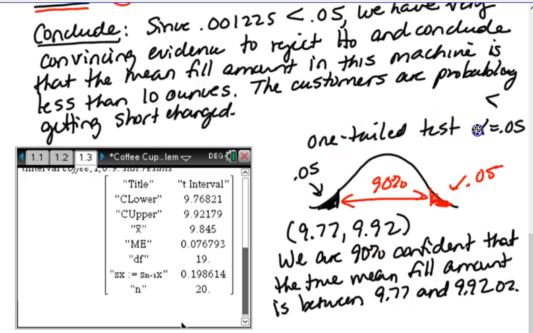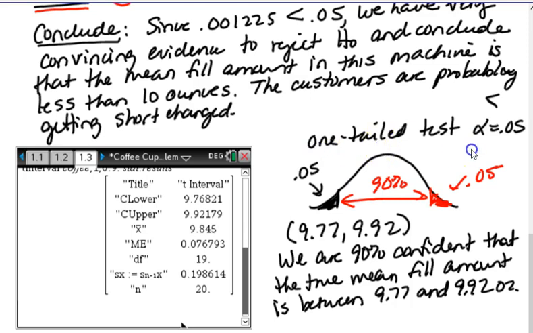If you do a one-tailed test where alpha is 5%, that means the 5% region is in one tail or the other, but not both. But when I do a confidence interval, I have to have two equal tail probabilities. So a one-tailed significance test at the 5% level corresponds to a 90% confidence interval.